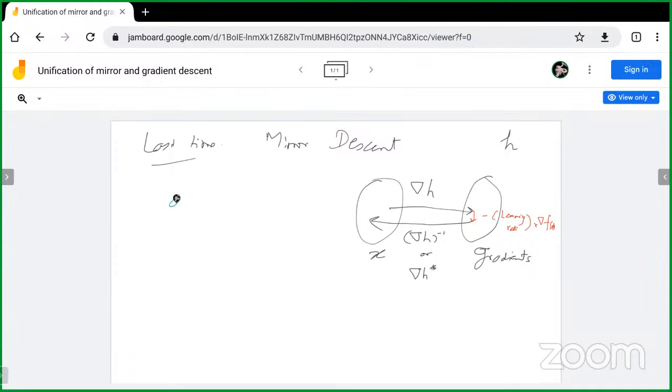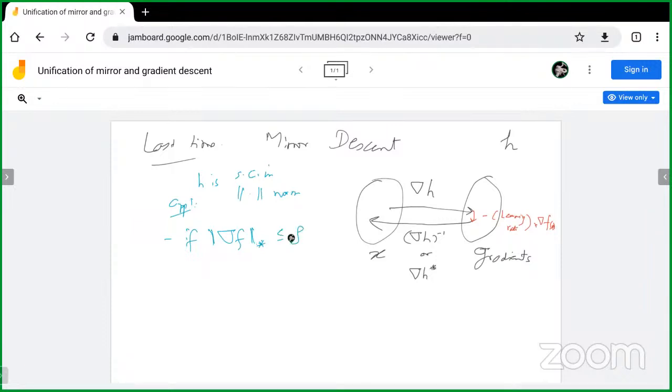So the key application we showed is what if you have a different norm? So if your gradients are bounded, specifically if you're working with a norm where let's say h is strongly convex in some norm, and your gradients are bounded in the dual norm, because it's at most maybe some rho.